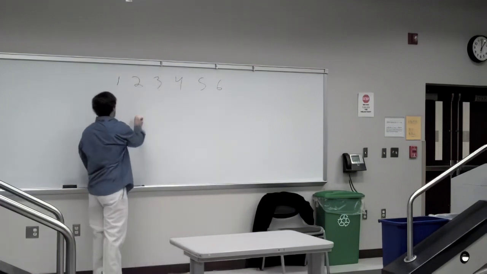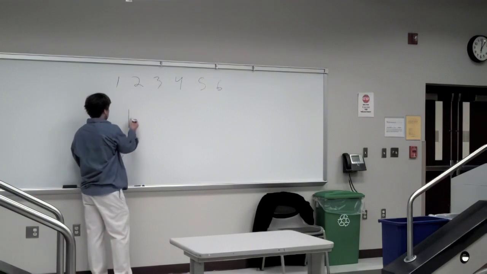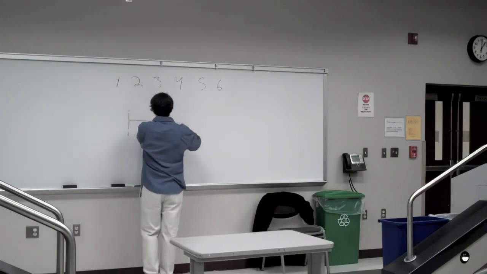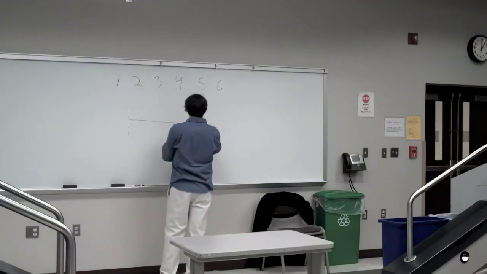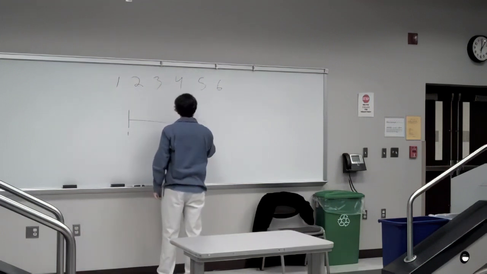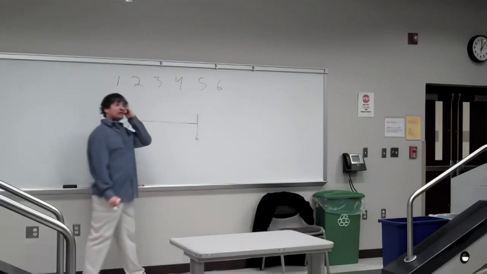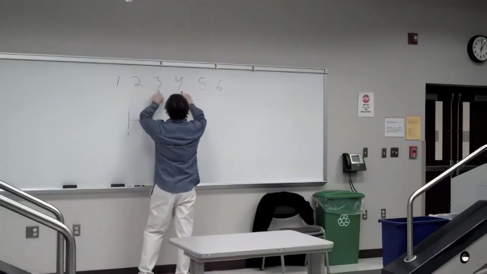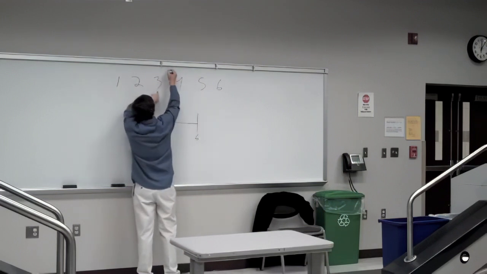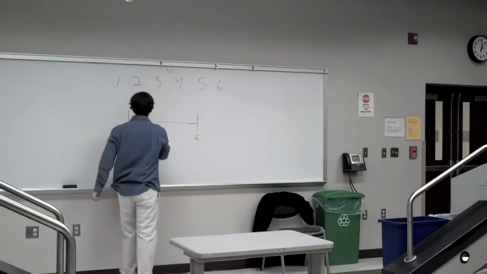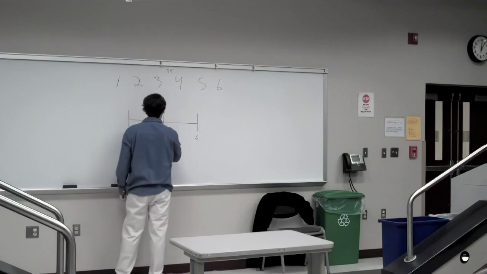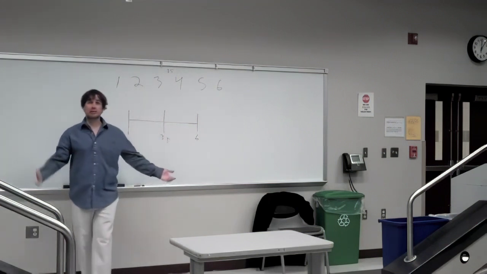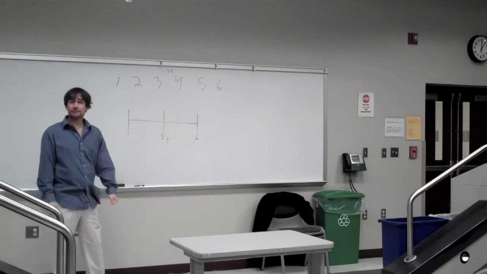So my minimum number this time is a 1. And my maximum number is a 6. My median in this case is halfway between here and here, is a 3.5. So that is so far the same, right? So we put our median there.